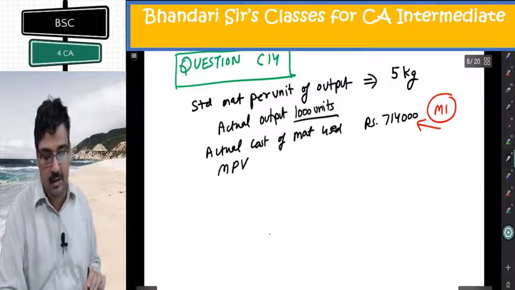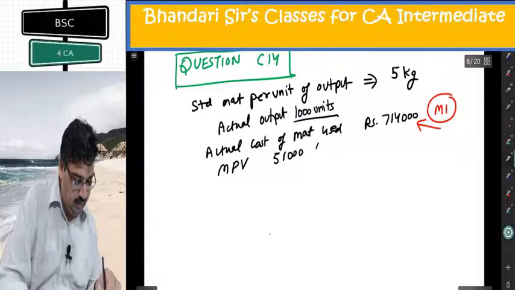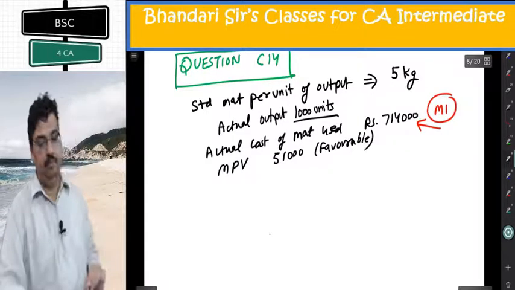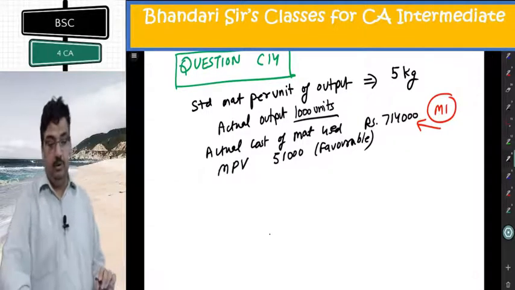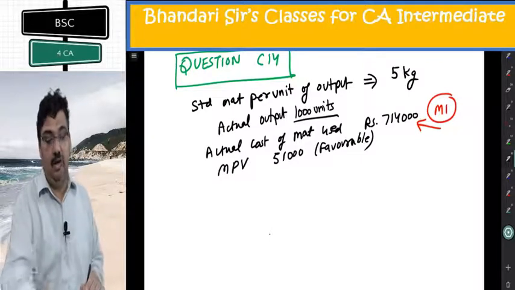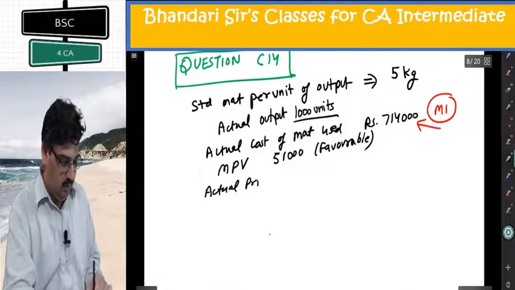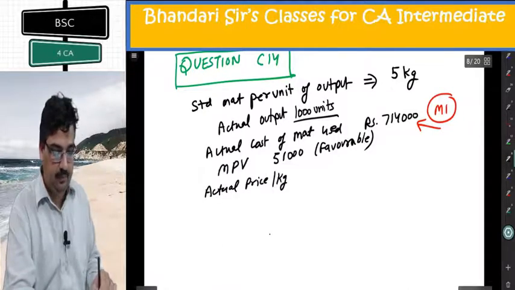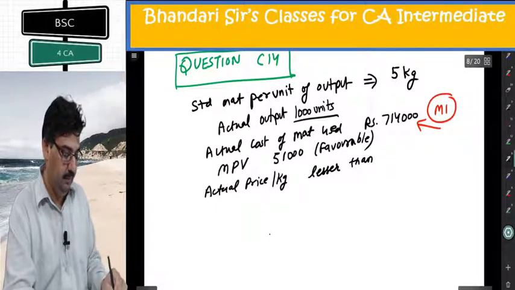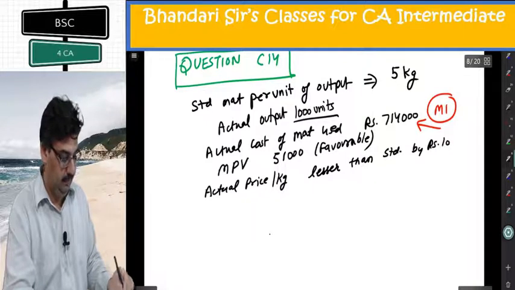Material price variance 51,000 favorable. Then something tricky is given, concentrate there. Actual price per kg lesser than standard by rupees 10.